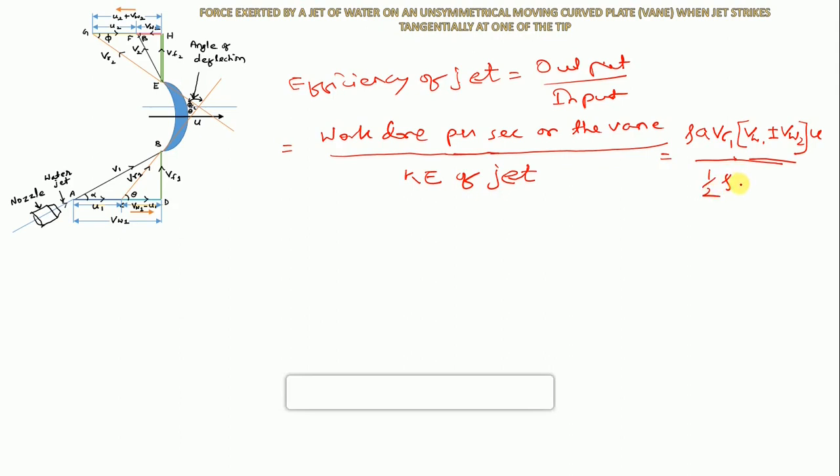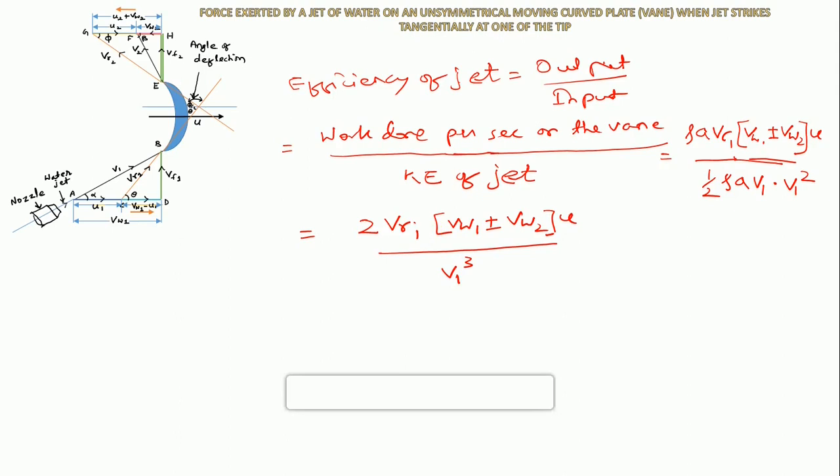In place of m we have to write rho a V1 into V1 square, so it is equal to 2 into Vr1 into Vw1 plus minus Vw2 into u, divided by V1 cube.